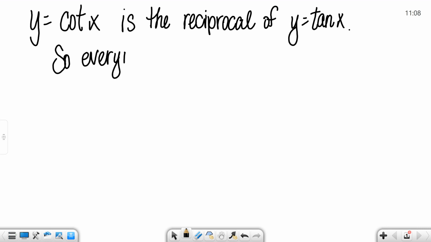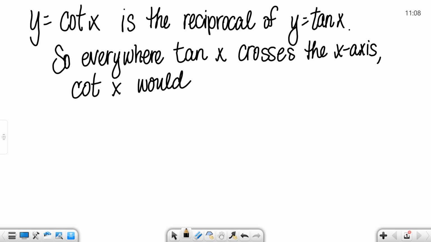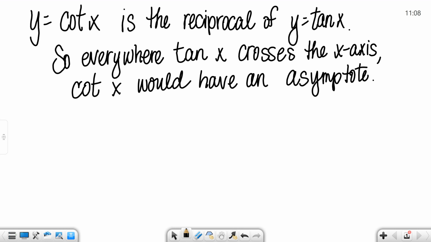Everywhere that tangent of x crosses the x-axis, that means the y value will be 0. Cotangent of x would have an asymptote, because it's the reciprocal, so it would put a 0 in the denominator, which cannot happen.